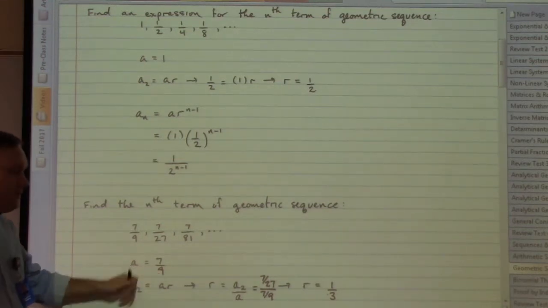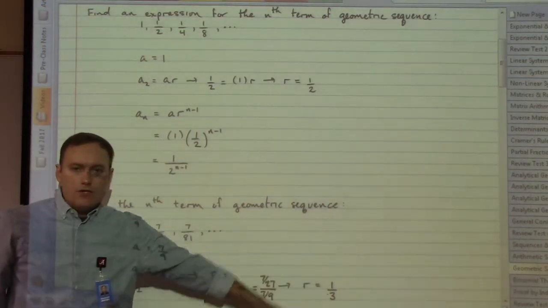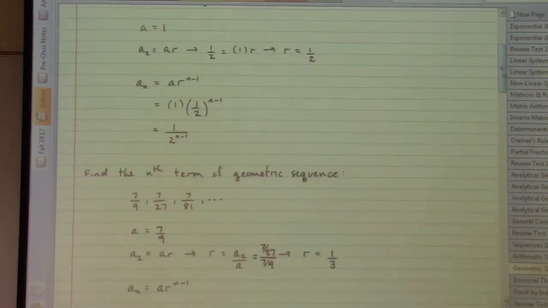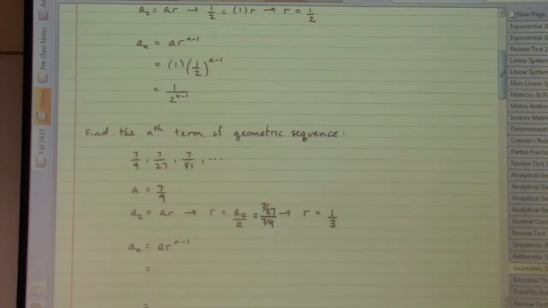Between the first term, 7 over 9, and the common ratio, 1/3, we can create a formula for our particular sequence. The first term is 7 over 9. The common ratio is a 1/3, that would be in parentheses and raised to the power of n minus 1.